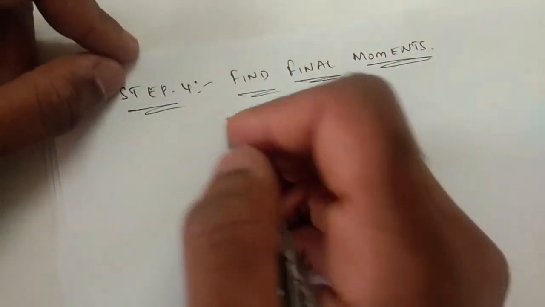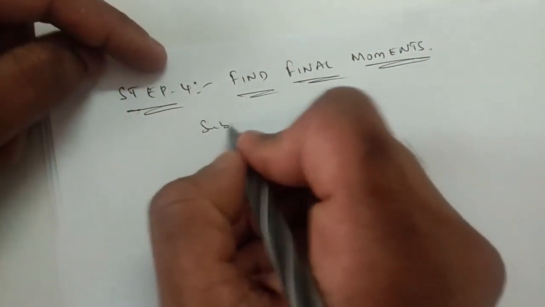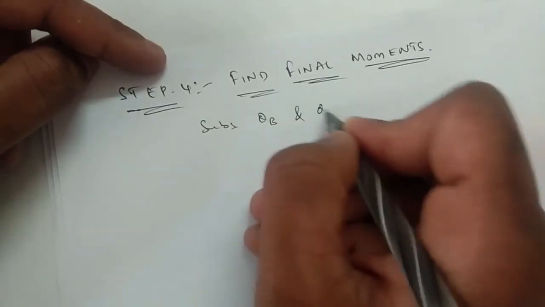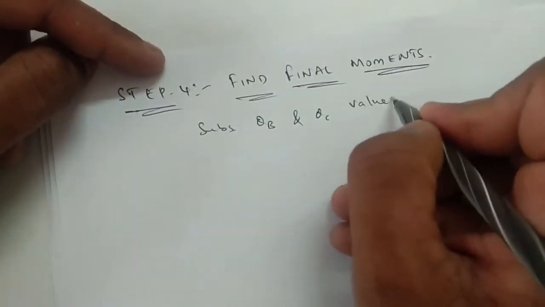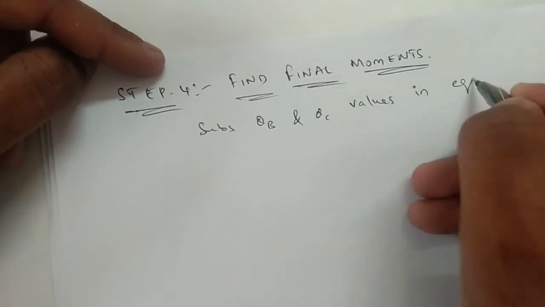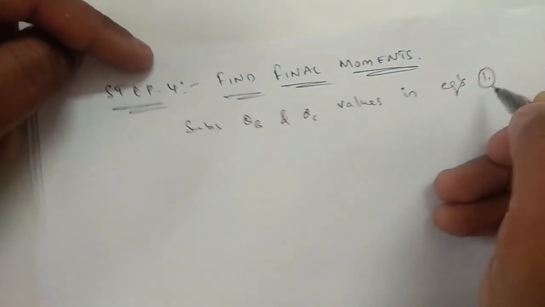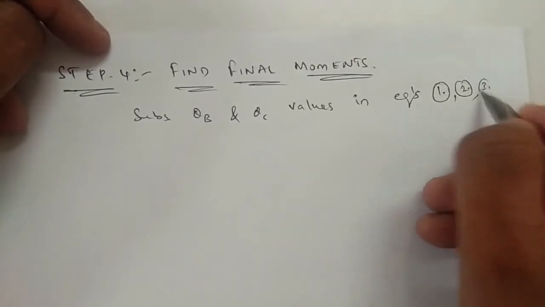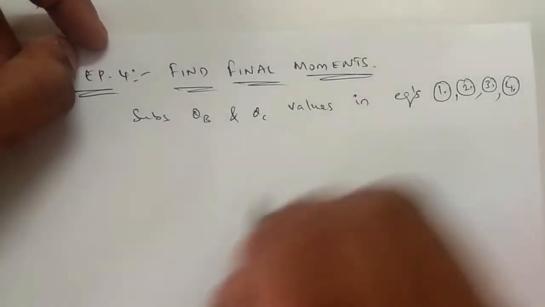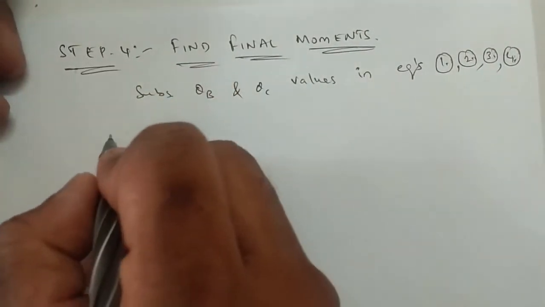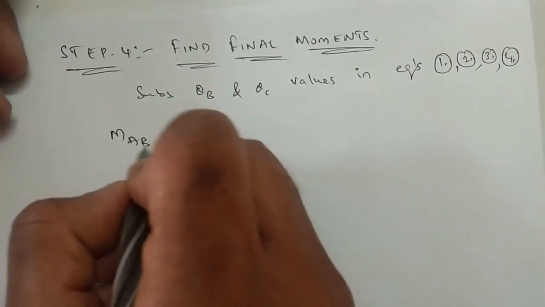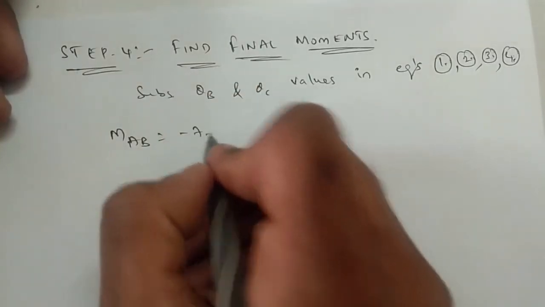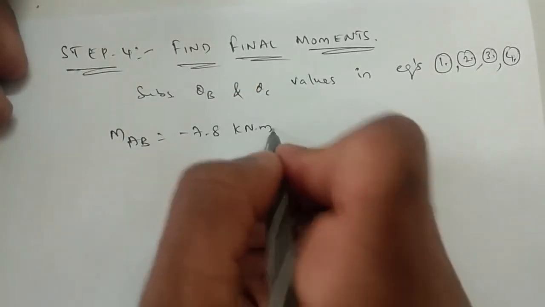So substitute theta B and theta C values in equations 1, 2, 3, 4, and solve it in Calc. You will get all those final moments. MAB, you will get minus 7.8 kilonewton meter.